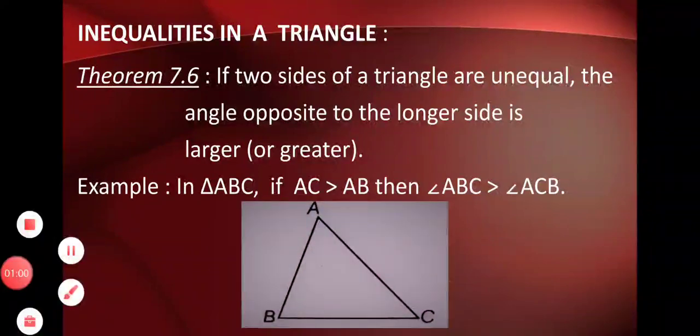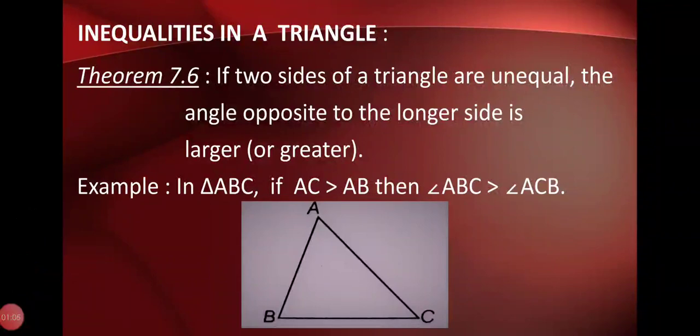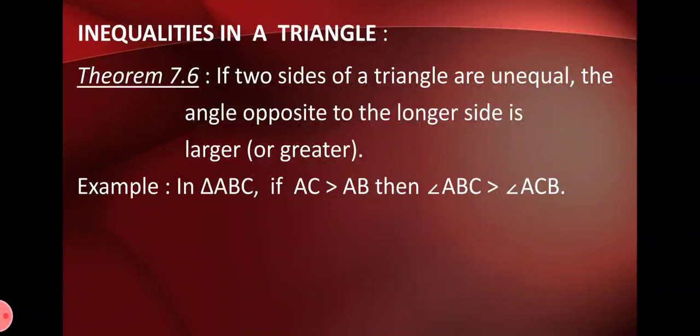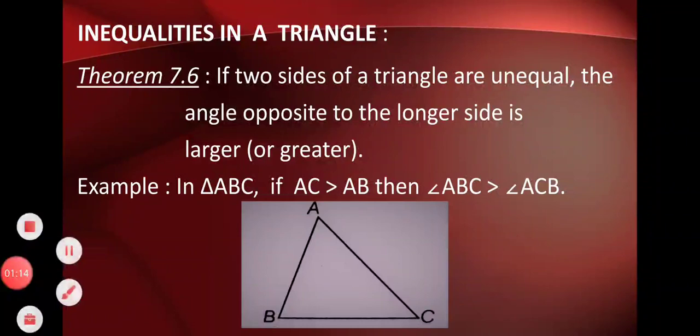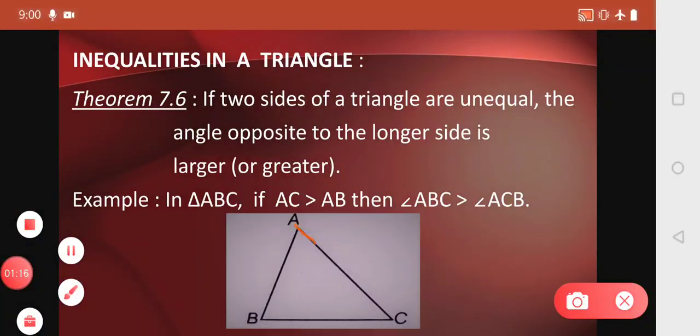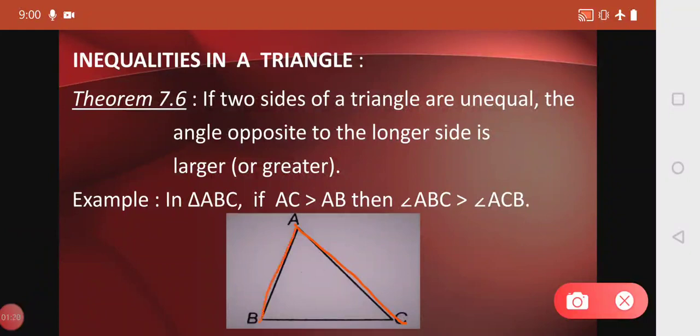Now, according to the statement of theorem 7.6, it is given that if side AC is greater than side AB, you can see this is side AC and this is side AB.